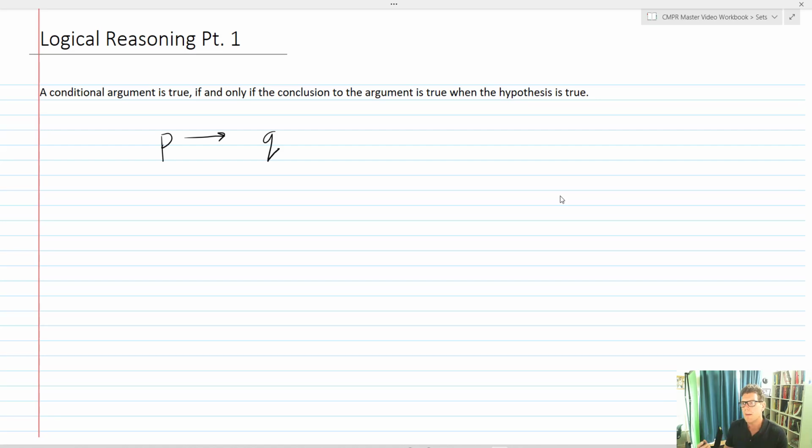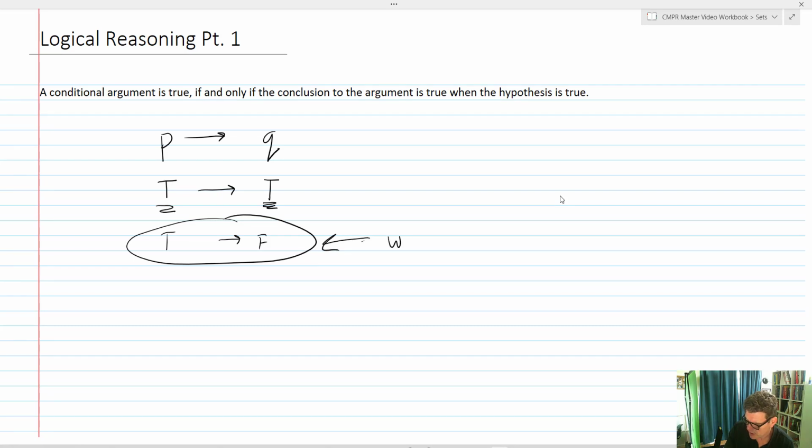If you remember the truth table for P implies Q, if P is true, we have to have true implies true. We start out with P being true, and then that forces Q to be true. If that's not the case, that is, P is true and Q is false, true implies false makes the whole conditional false.